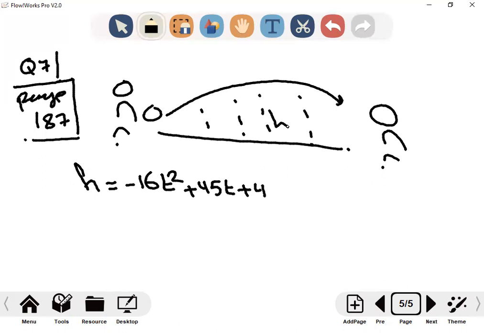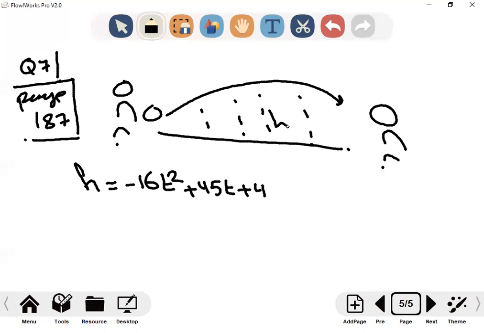If you want the height of the ball after 1 second, so t equals 1, you replace t by 1 and find the height of the ball. If you want the height after 4 seconds, replace t by 4, you will have a number. This number is the height of the ball after 4 seconds. Got it? Do you understand this function? Good. Continue.